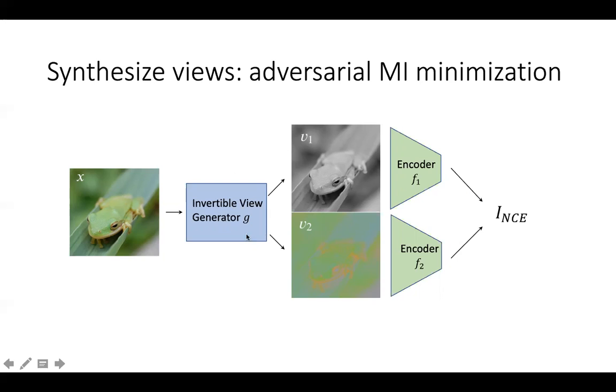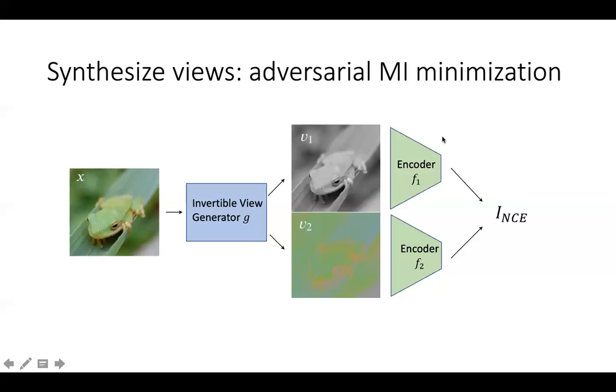Therefore, this view generator is a function parameterized by a neural network, so you can learn it. And on top of these two views, you can learn an InfoNCE bound. This is like an encoder trying to maximize the mutual information between them.